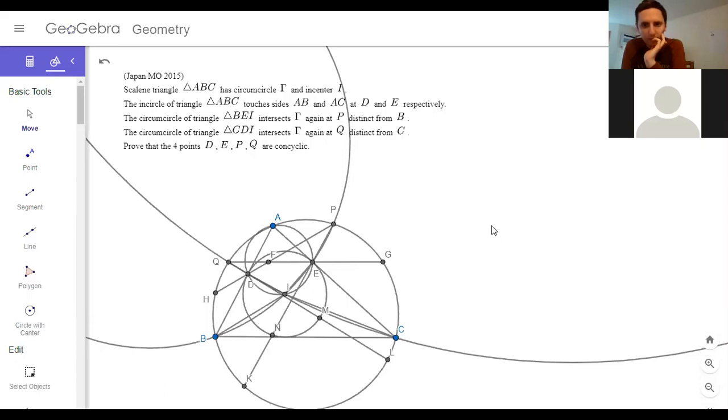Just thinking. Okay, so you said we could calculate PQD and PED. Okay, so we have IEP minus DEI.